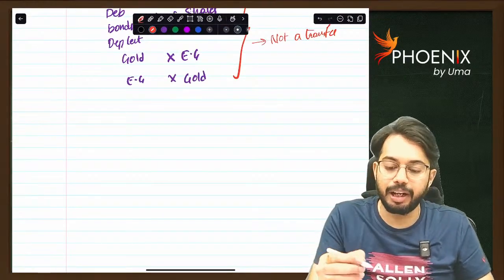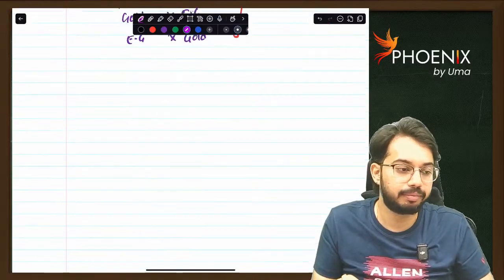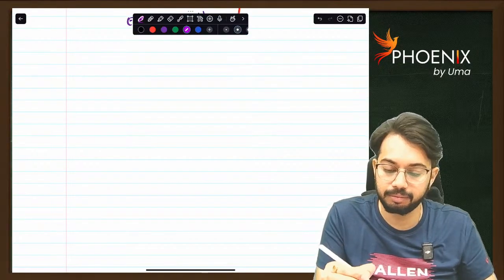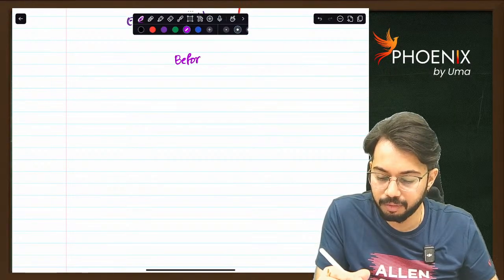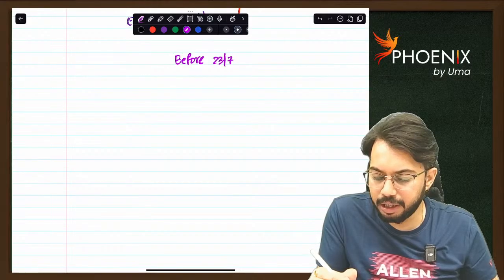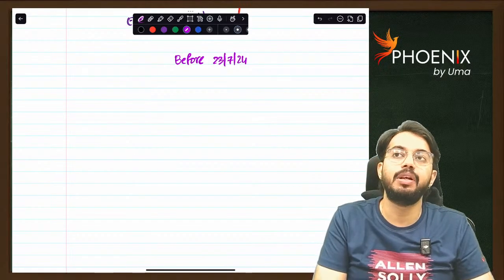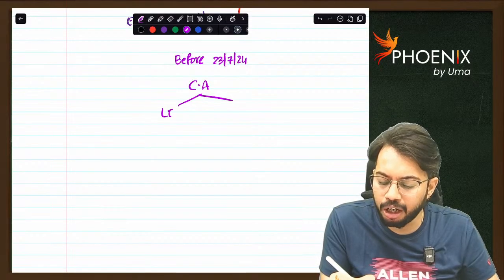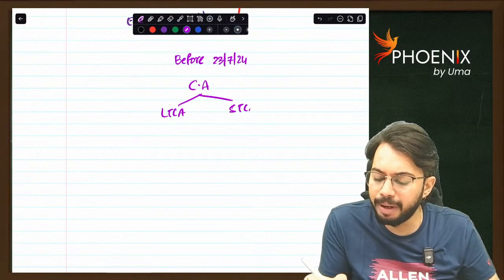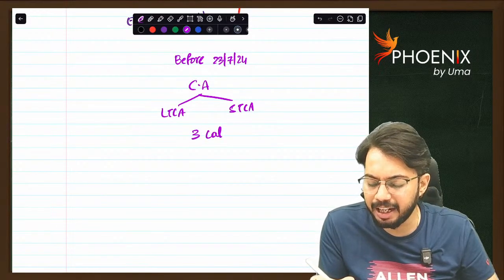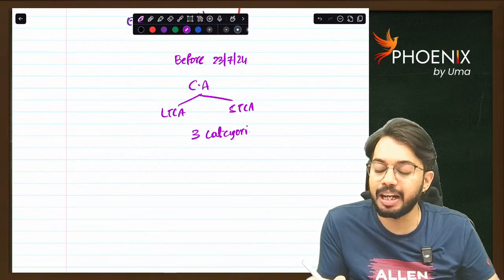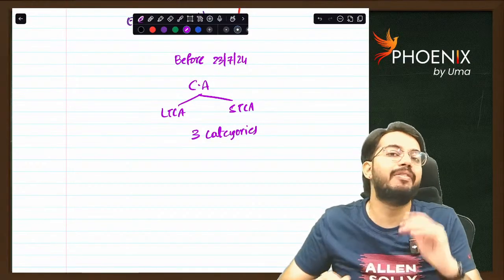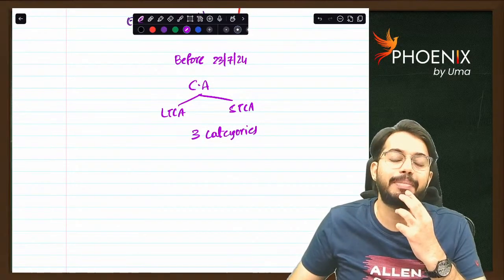So before 23rd July 2024, to tell a capital asset as long-term capital asset or short-term capital asset, how many categories are there? Three categories are there. Now you will get another doubt. Sir, why do we need to tell whether it is long-term capital asset or short-term capital asset?